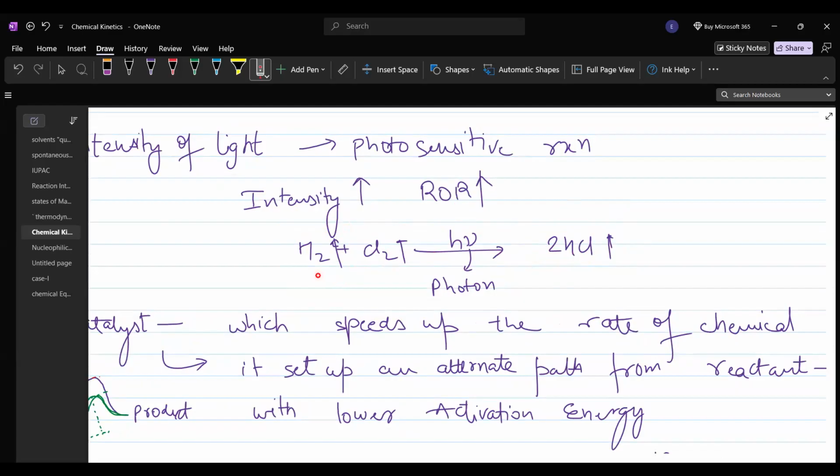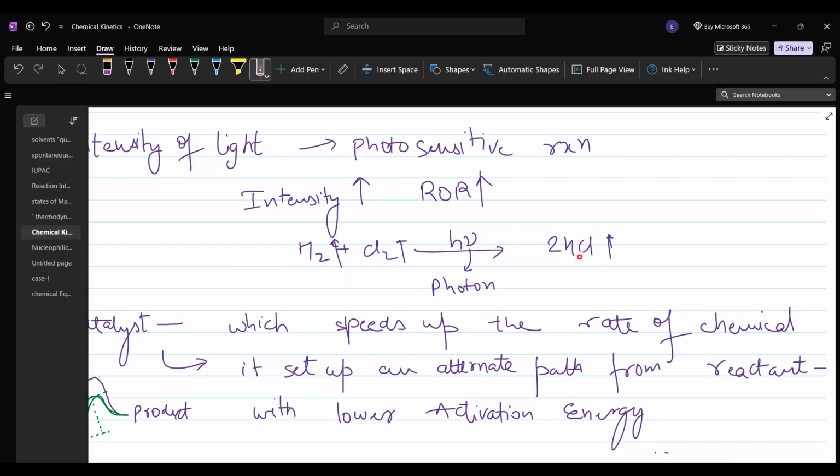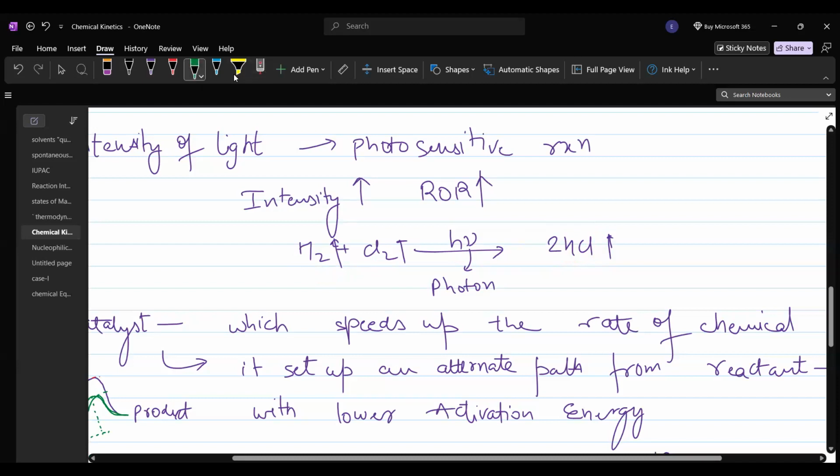It is only dependent on the intensity of light falling upon this gaseous mixture. So from this reaction, I'm giving you a live example that there is no effect of concentration on the rate of reaction. Are you getting this? Yes, sir. With the concentration of H2 or Cl2, there is no effect on the rate of reaction.